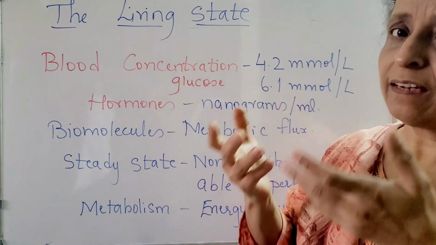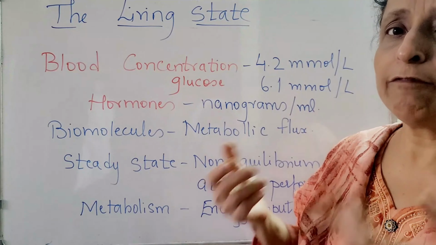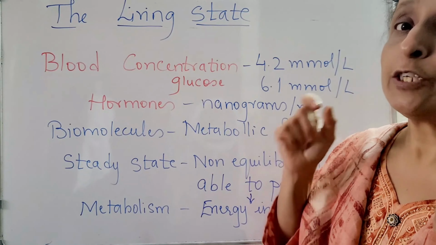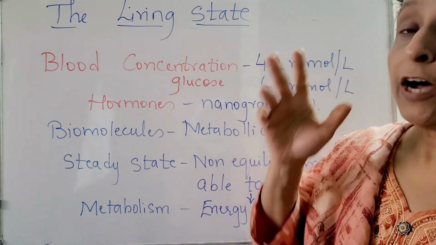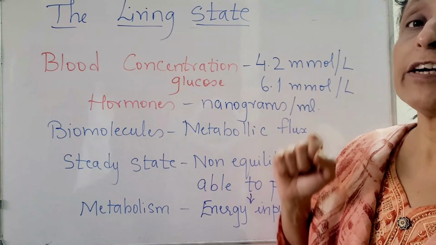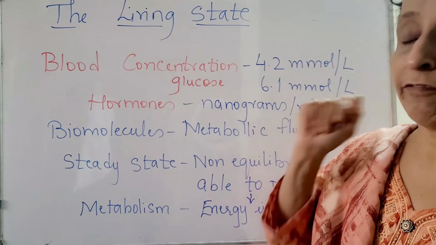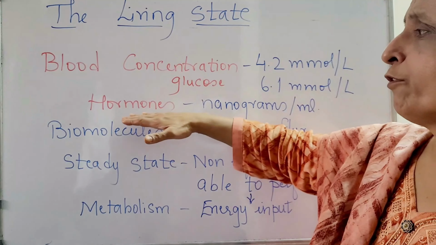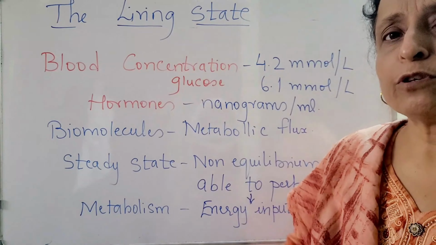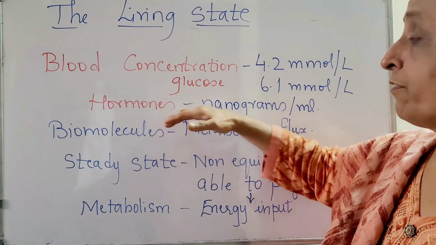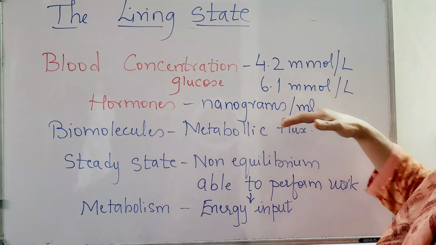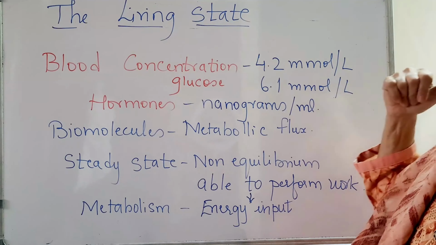If it is, then it is unhealthy for our system. So for a healthy system, the amount of biomolecules, the organic compounds, has to be definite. Now hormones also have chemical changes in our body. They have to be definite. They are measured in nanograms per milliliter.